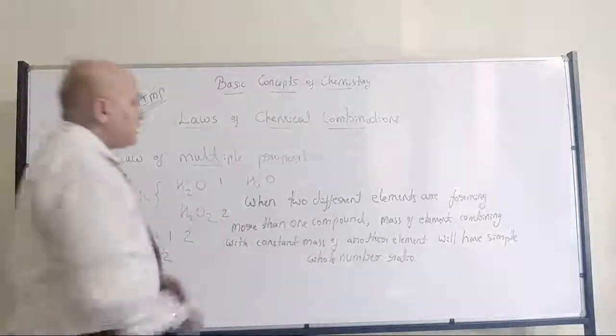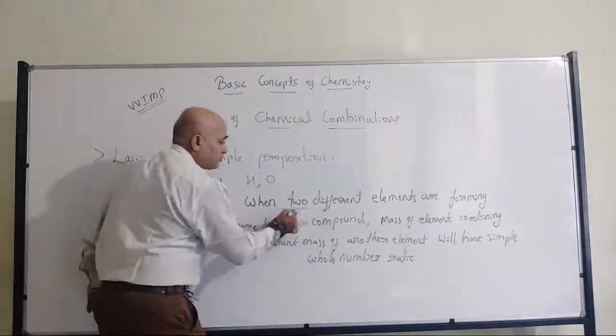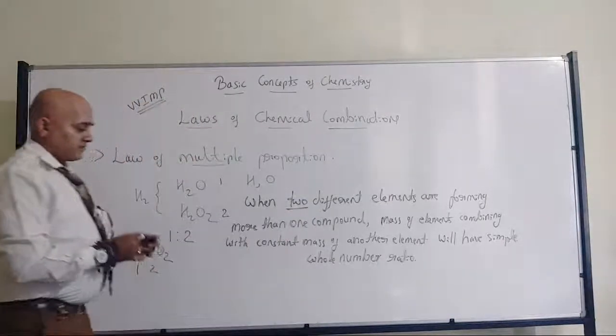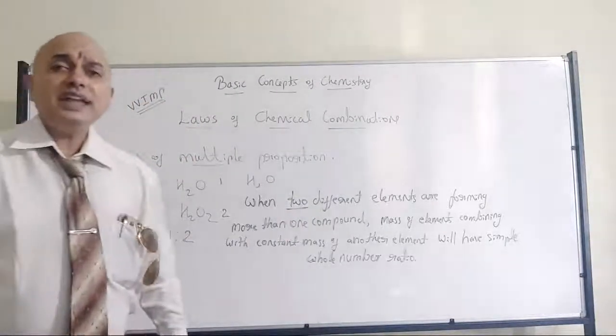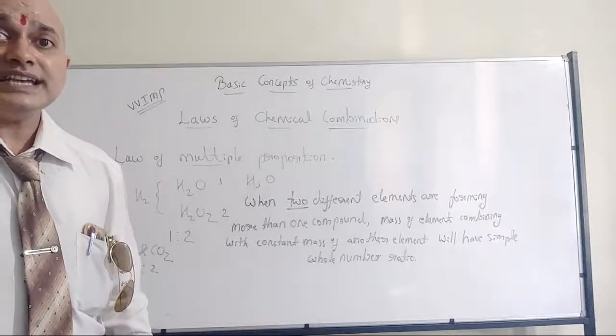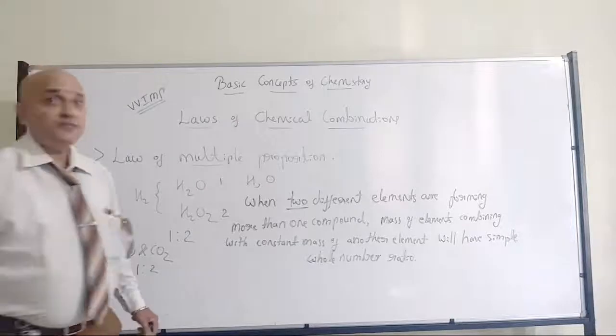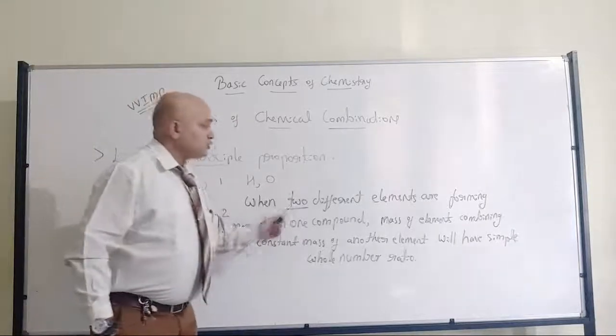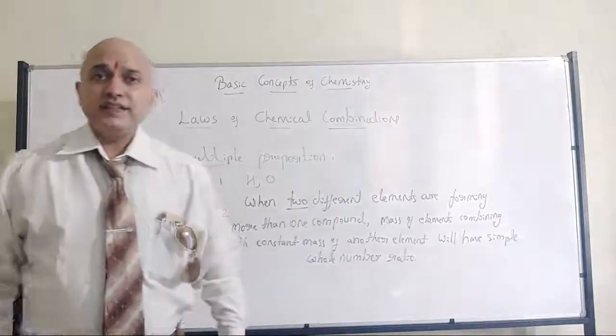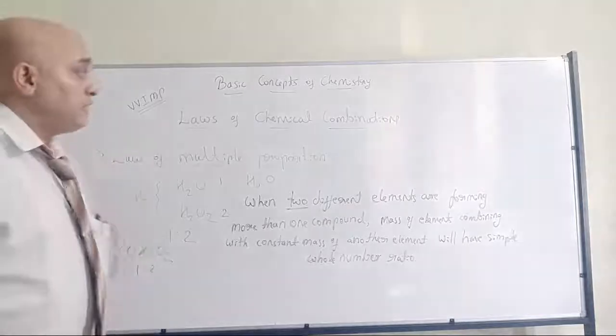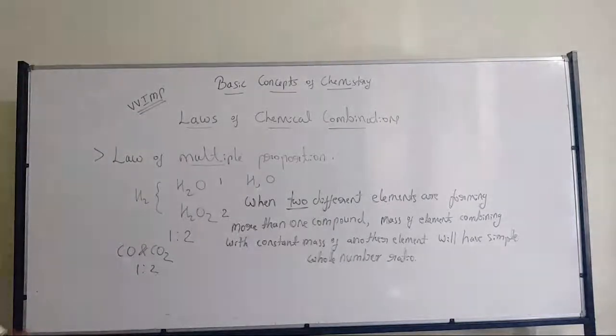So here the important words are when two elements. You cannot take glucose, C6H12O6, where 3 elements are involved. It's difficult. If I take 2 different elements, then it will be appropriate. When 2 elements are forming more than one compound, right?